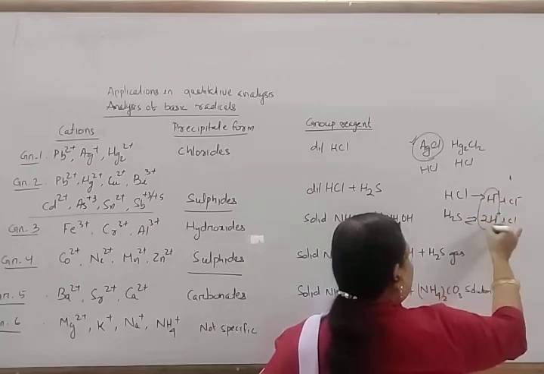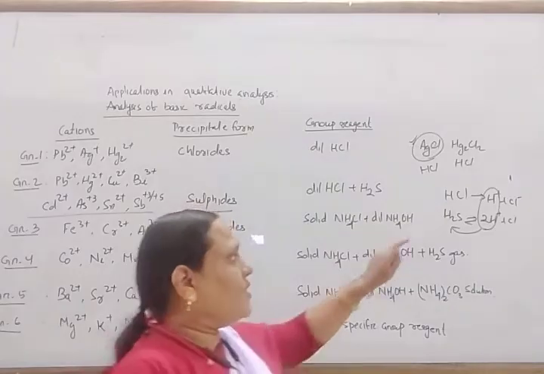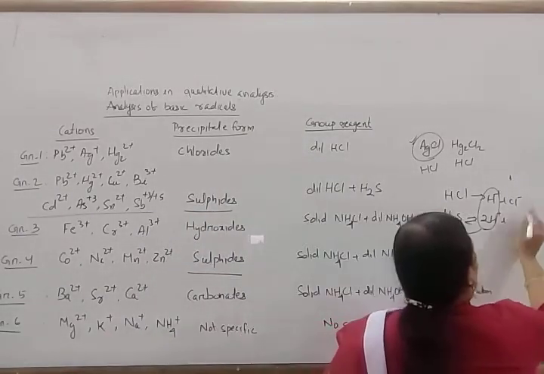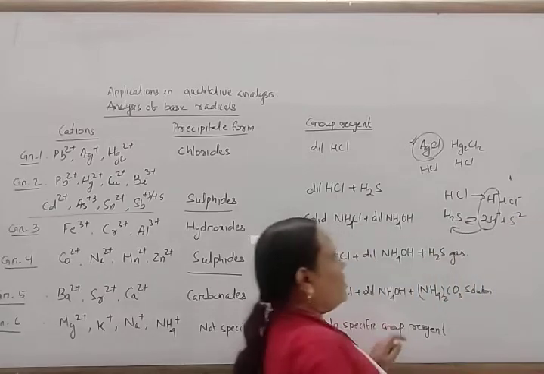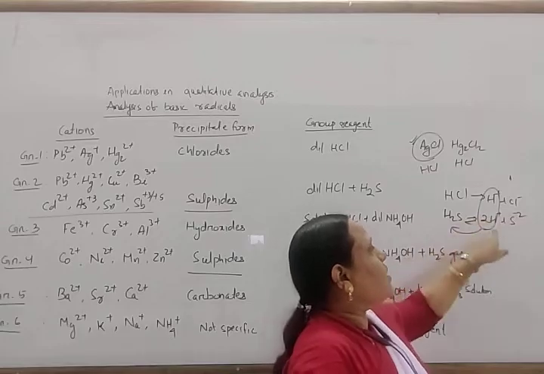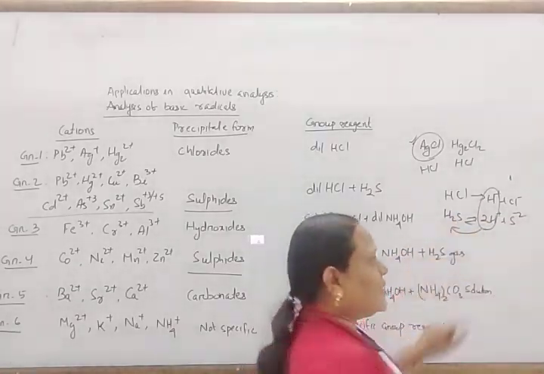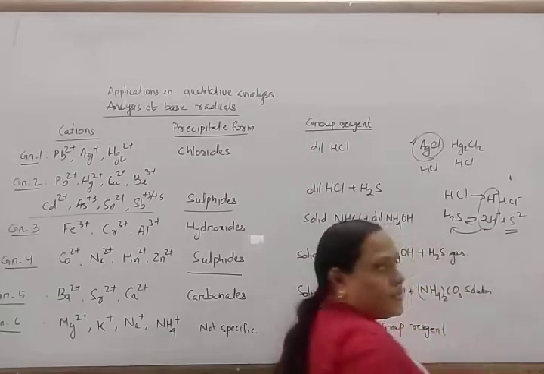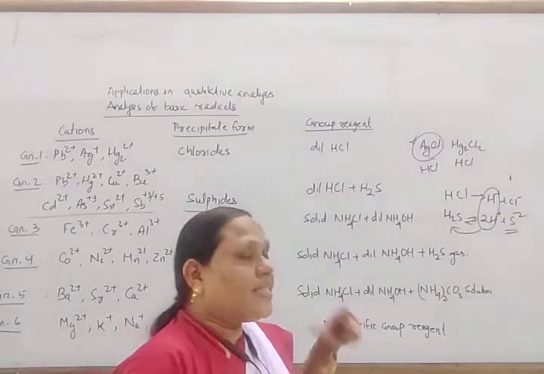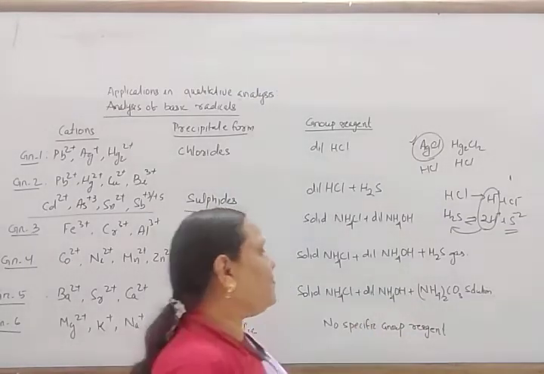Due to the common ion H plus, the dissociation of H2S decreases, so it gives a lower concentration of sulfide ion. Still, it is sufficient to exceed the solubility product, and in this way these ions get precipitated.